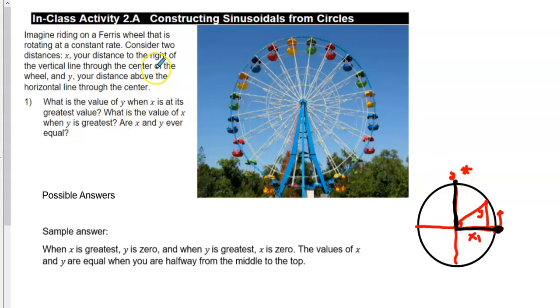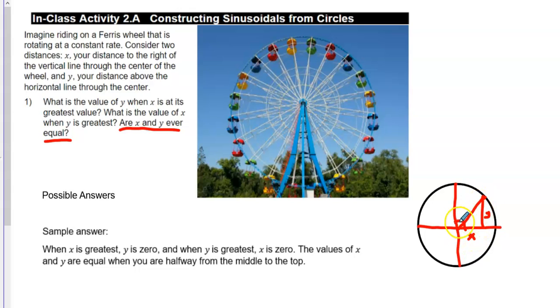Now, the second part of the question says, are x and y ever equal? As we travel, at a certain point here, when we are midway between, remember that this is about 90 degrees. And so when we are midway between, we can get some y value and then some x value.